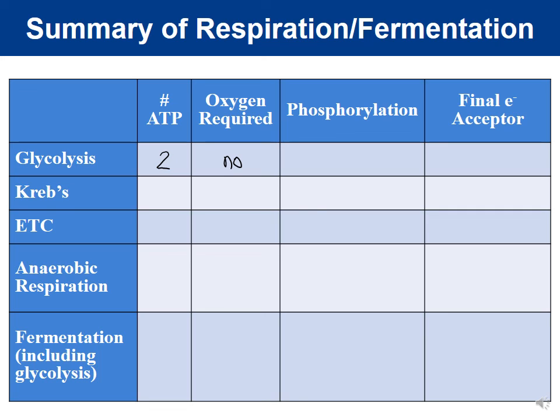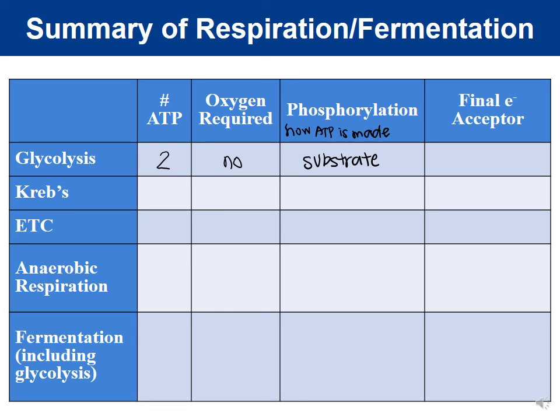Phosphorylation is basically how ATP is made. So what is the mechanism that ATP gets made during that step? If we're talking about glycolysis, what is the method that ATP gets produced? It's produced by substrate level phosphorylation. So the method that it's using is substrate level phosphorylation.